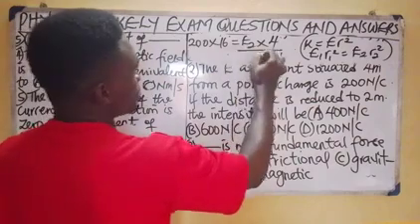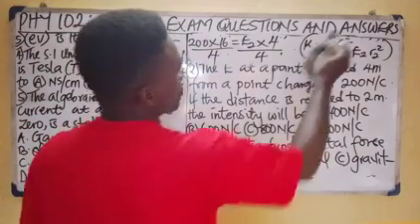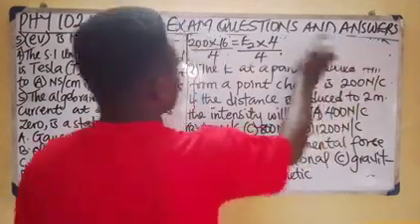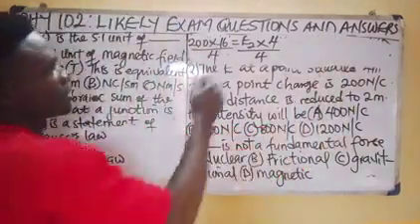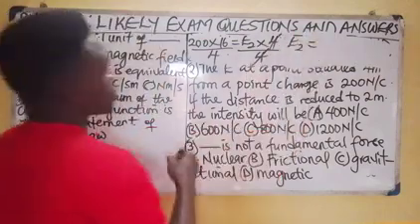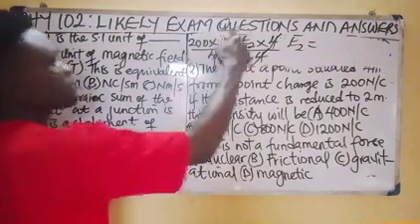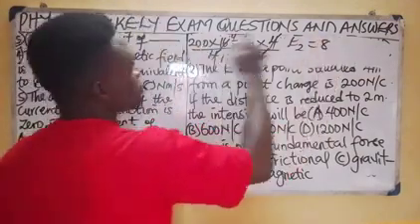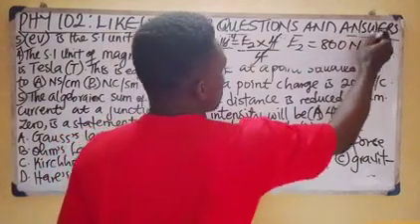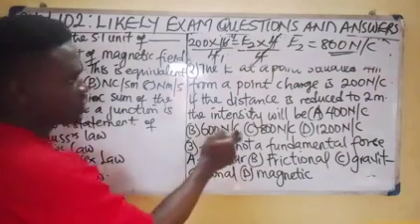I divide through by 4. 4 into 4 is 1, 4 into 16 is 4, 2 times 4 is 8, then 0, 0. So 800 Newton per coulomb. So the answer is simply C.